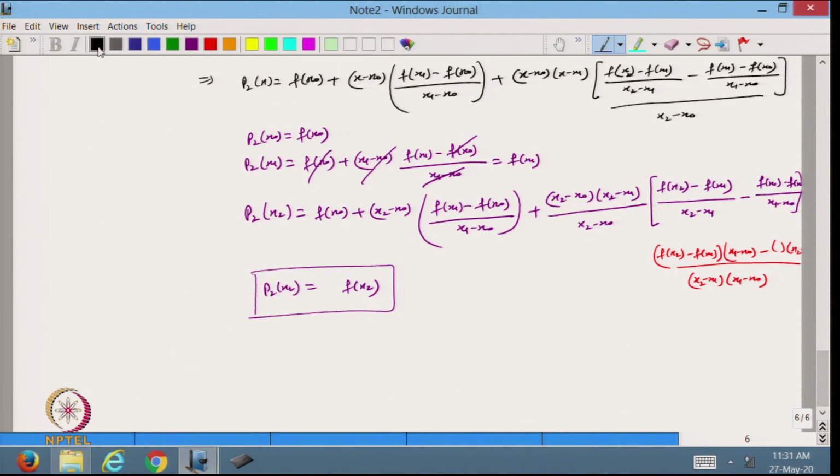So, based on this one, now I want to do the generalization. Suppose we have n plus 1 points, that is x0, x1, x2 up to xn.